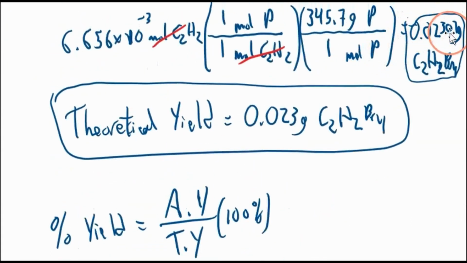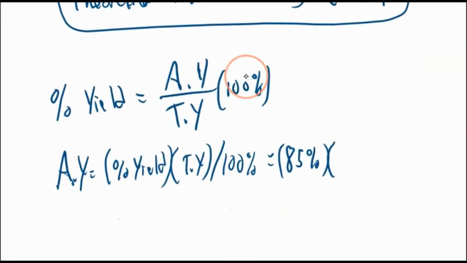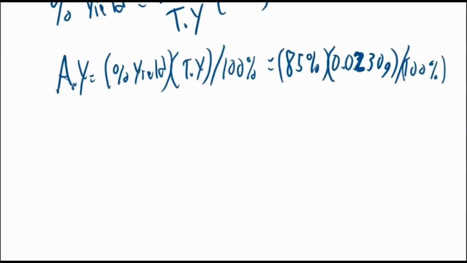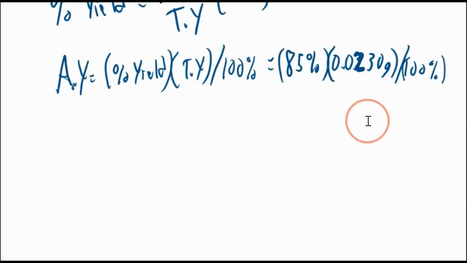Theoretical yield is right here. We'll keep this extra digit, 0.0230 grams, and round at the end. Okay, we're almost done. 85 times 0.0230 divided by 100 is 0.01955 grams.